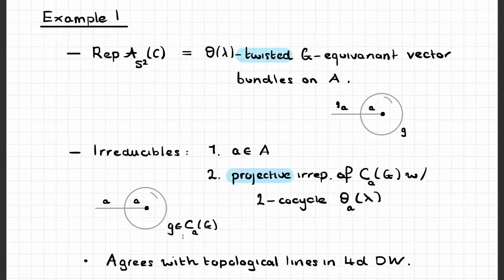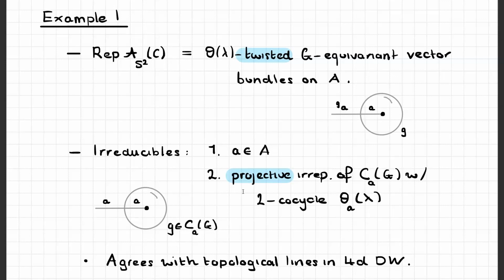Those will be group elements in the stabilizer of A. And then they're labeled by group elements A and projective representations of the stabilizer with the two co-cycle. And again, this is capturing the idea of symmetry fractionalization.